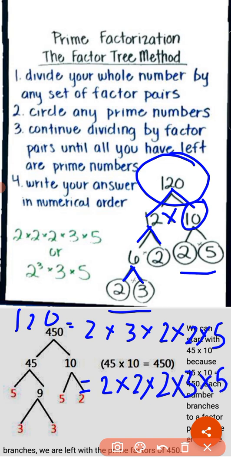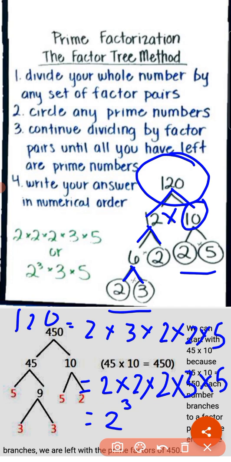Now we can write this as powers of 2. Powers of 2 means we can write that in the index form. 2 multiplied by 2 multiplied by 2 means 2 to the power of 3, 2 cubed.